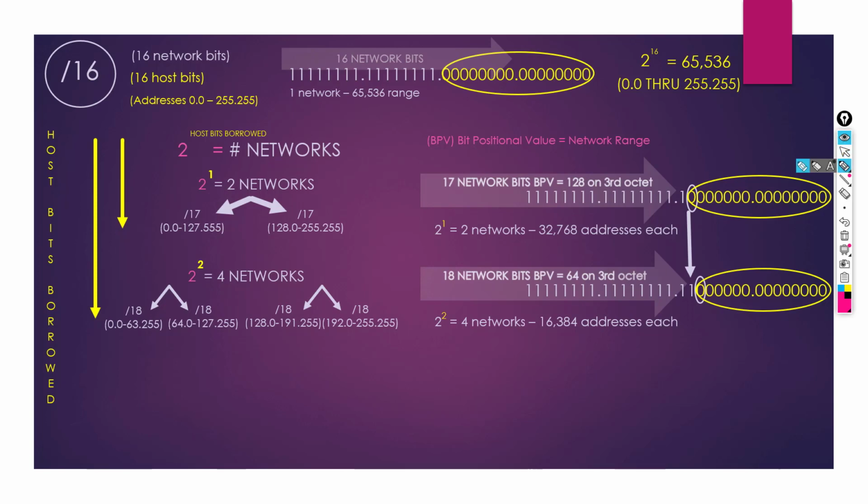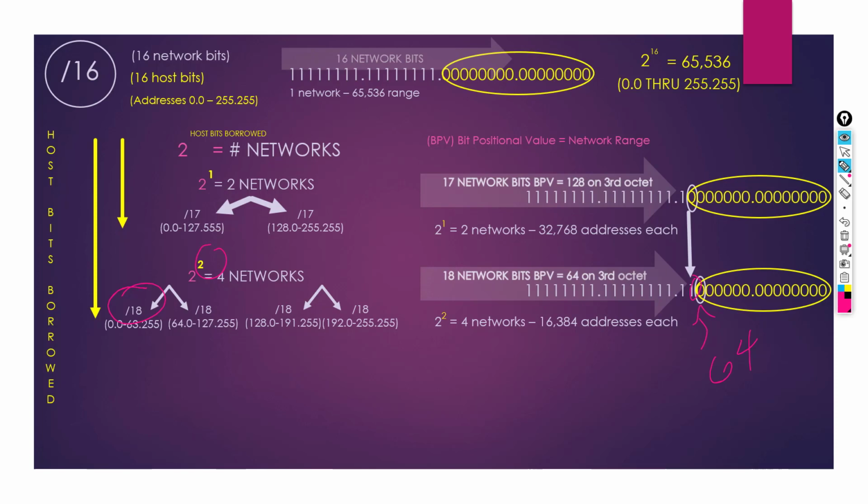So here, if we had borrowed 2 bits, again that would have given us an /18. And when we look at the bit positional value for a /18, its range is 64.